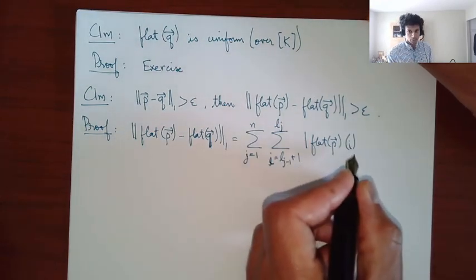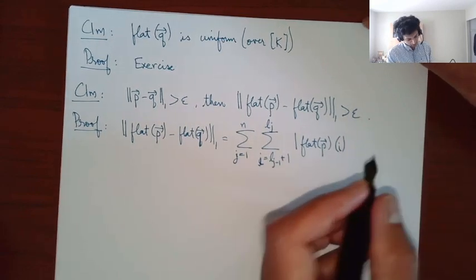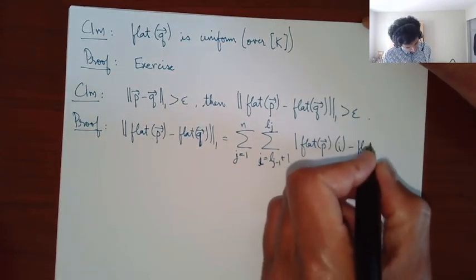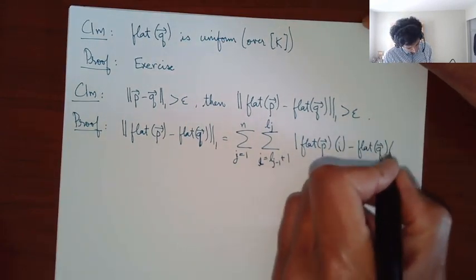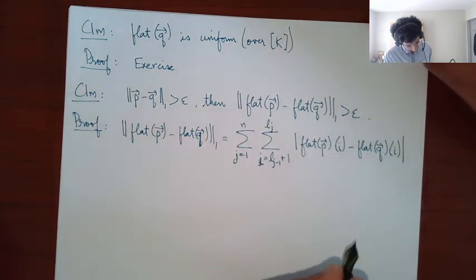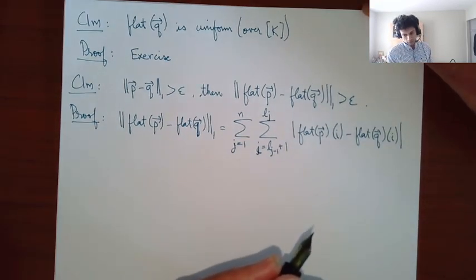I'm looking at the probability of that distribution on that I minus the flattening of Q, again of I. So I'm looking at this absolute value.